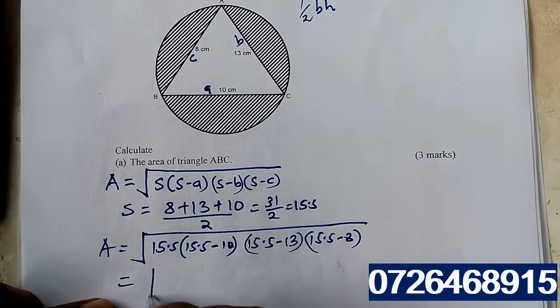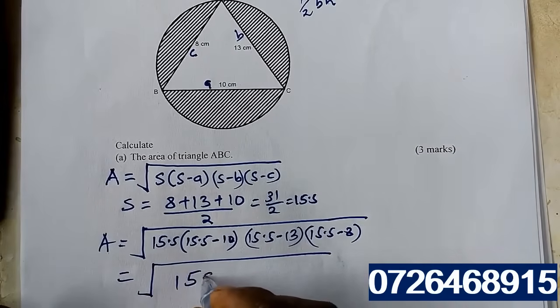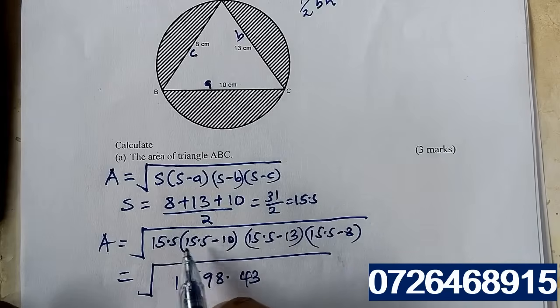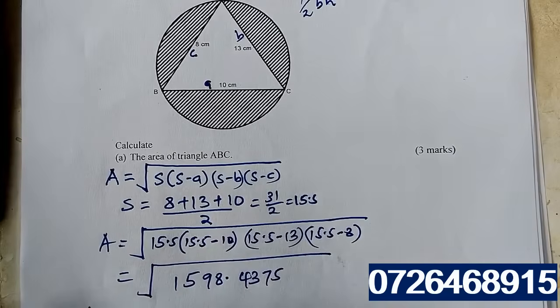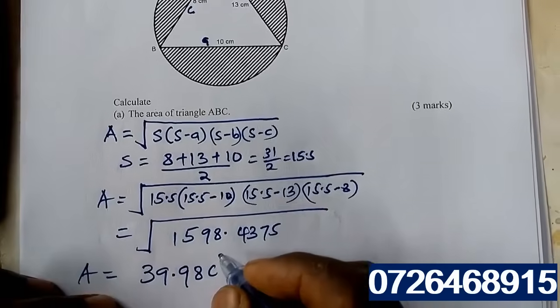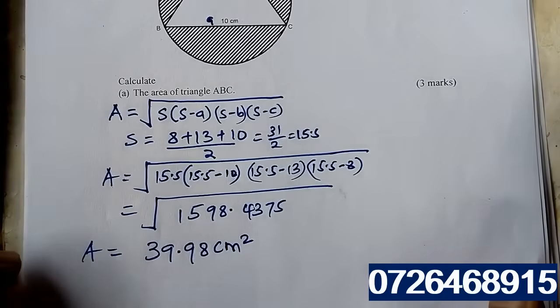So you will realize that this gives you 1598.43, as a multiplication. The square root is 39.98, so our area is 39.98 centimeters square.